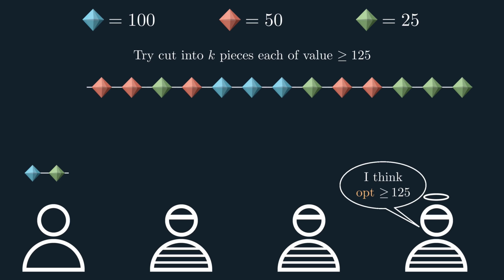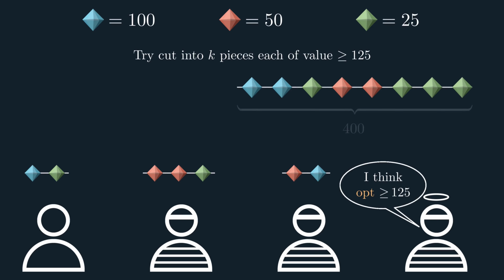So we simply repeat the whole process. We keep adding gems until the total value is at least 125 and make a cut. We continue doing this until we have made k-1 cuts. The last piece, which is the remaining necklace, goes to the last person.